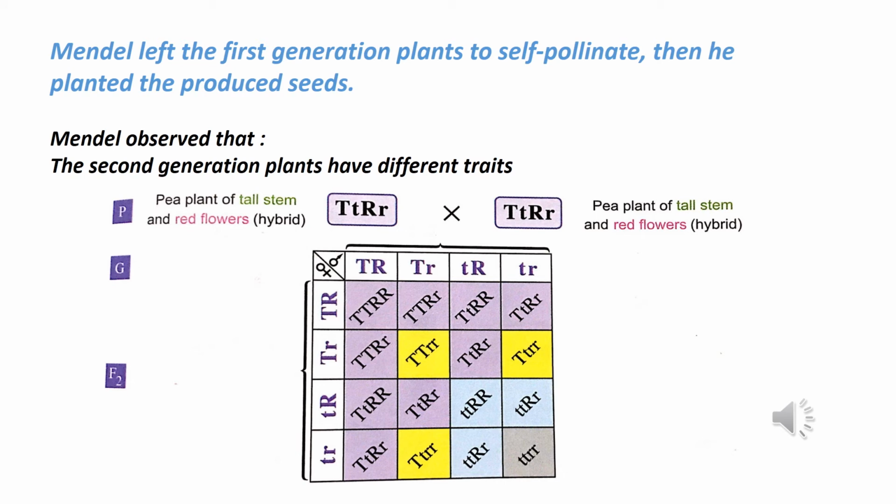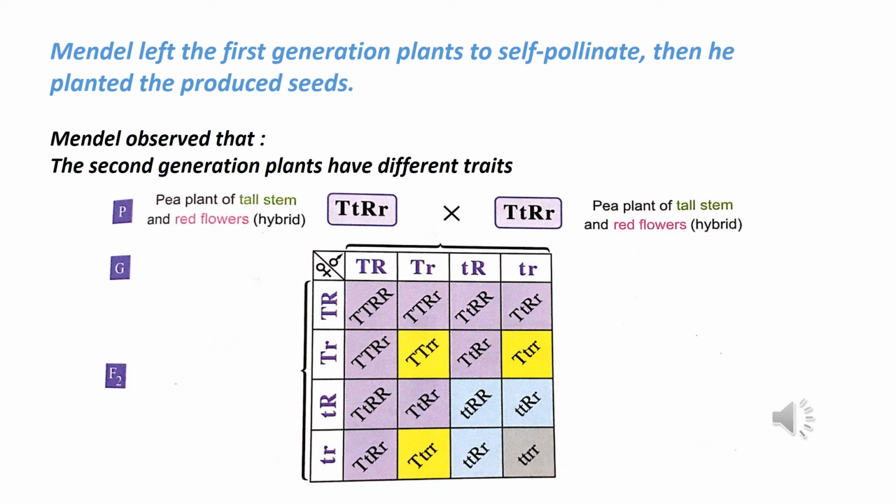Mendel left the first generation plants to self-pollinate, then he planted the produced seeds. Mendel observed that the second generation plants have different traits. Here the parents have tall stem and red flower. Gametes of the first individual: capital T with capital R, capital T with small r, small t with capital R, small t with small r, and the second individual the same as the first individual.